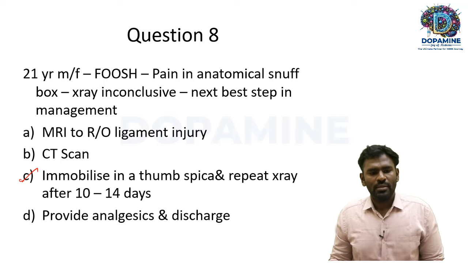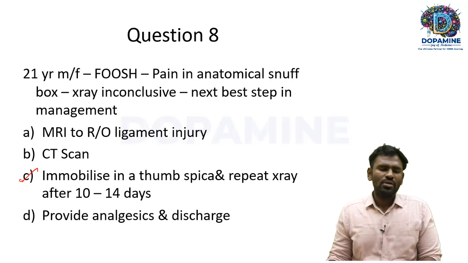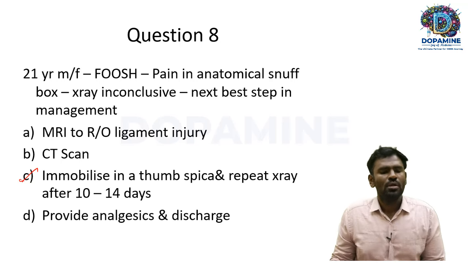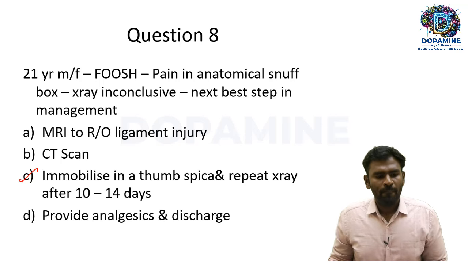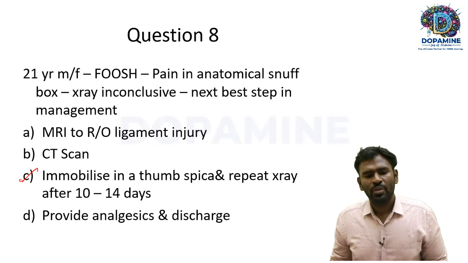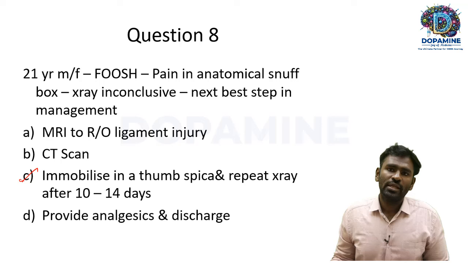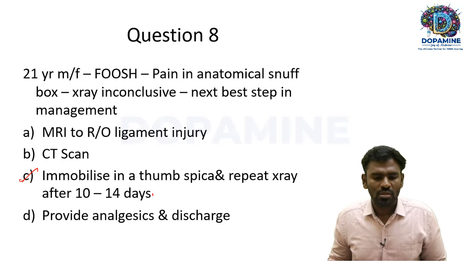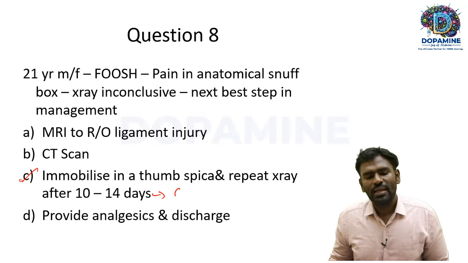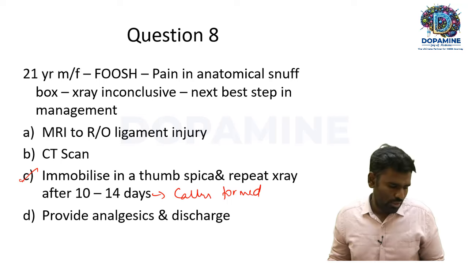No, MRI is for any stress fracture showing marrow edema, and that too, MRI is done after 2 to 3 weeks. So the best option is to immobilize in a thumb spica and repeat X-ray after 10 to 14 days. Why 10 to 14 days? Because if there is a fracture, callus will be formed. Then we can plan for treatment.